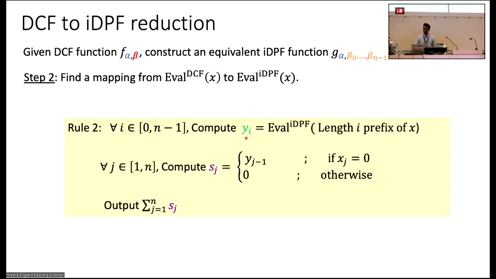You compute these green y_i values, which are the length-i prefix evaluations of X on the iDPF. Then you compute the purple s_j values, which are basically either selecting or not selecting the y_{j-1} values, depending on whether the jth bit of X is 0 or not. In the end, you output the sum of all these s_j values.